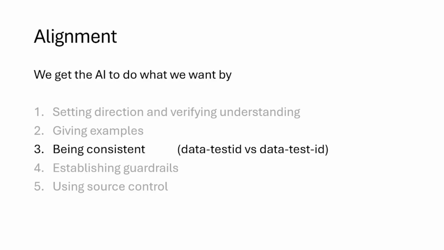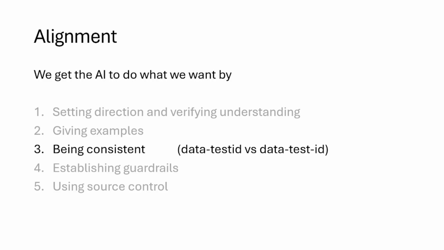I can go back to parents and children. Parents need to consistently set the example and not cause confusion. I caused confusion by very simple things, like wanting it to use data test ID to identify elements on a page that were relevant in tests, and I didn't consistently use data test ID.